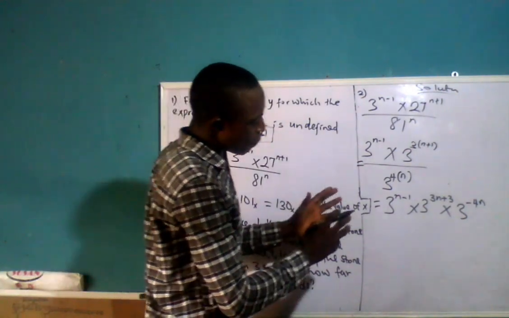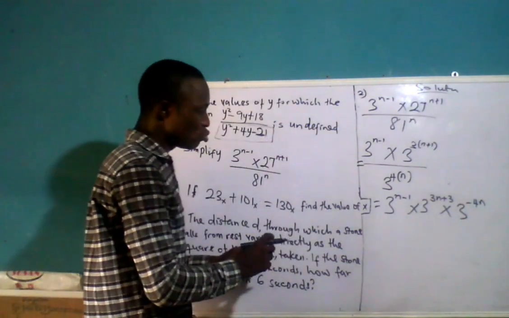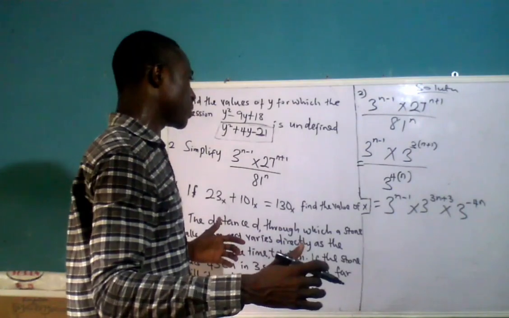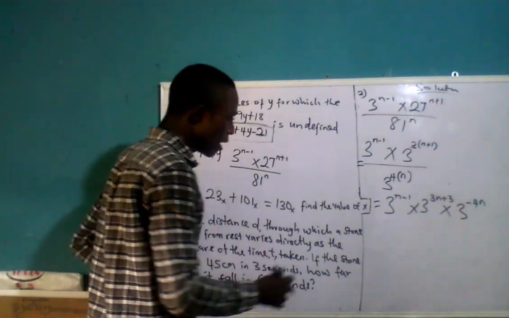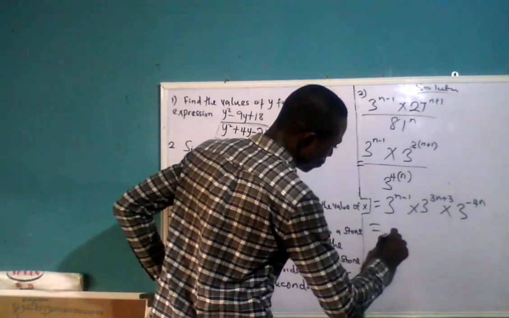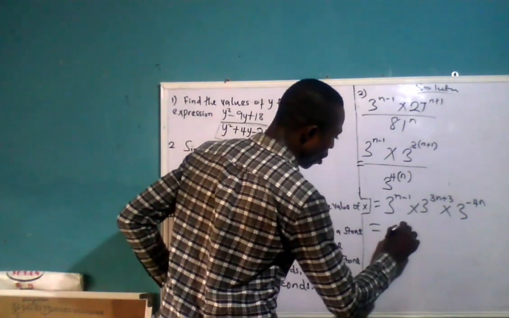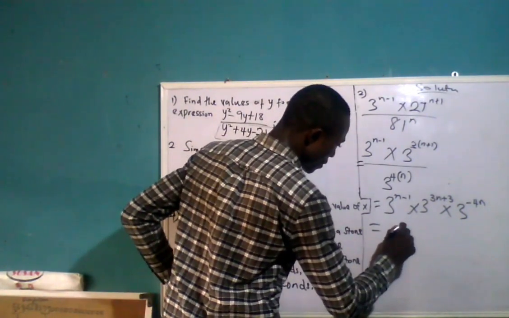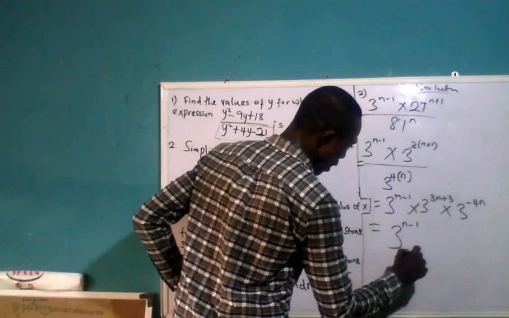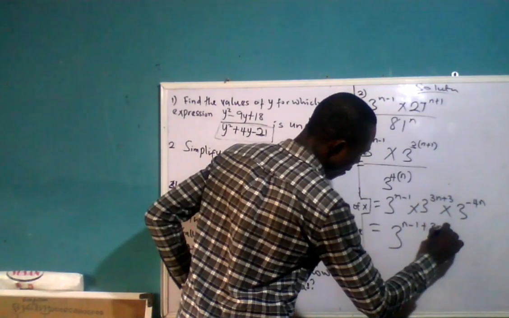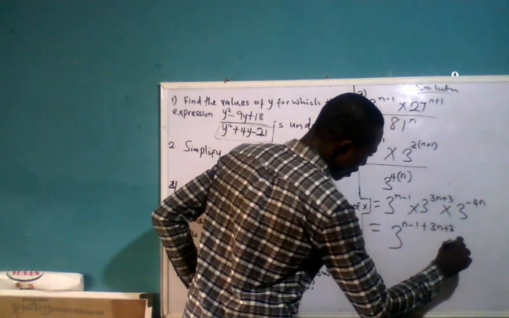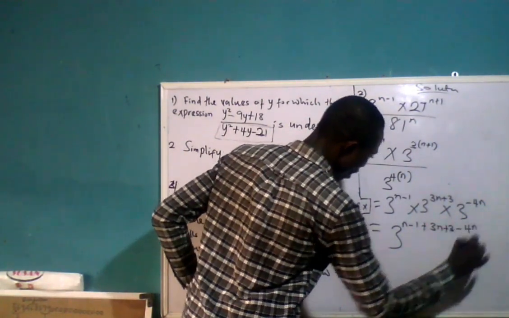you have to apply the first law of indices that has to do with when you have common bases. You have to pick one base and add up the indices. So let's pick the single 3 and add up the whole indices. We have n minus 1, plus 3n plus 3, then minus 4n.